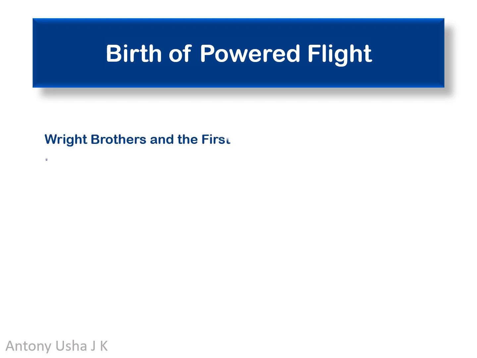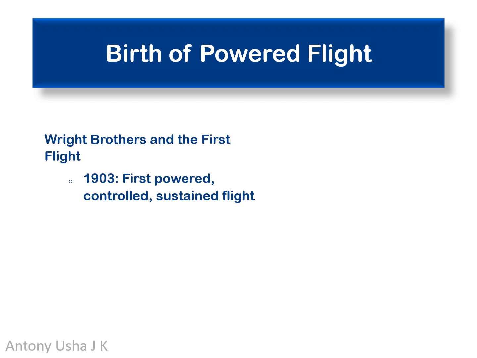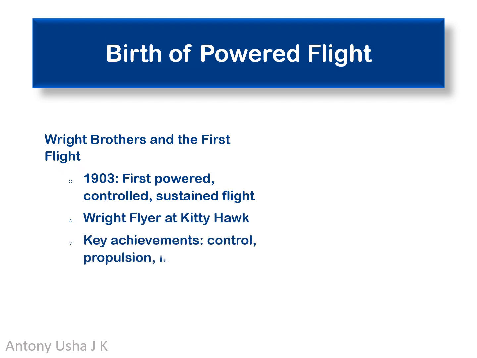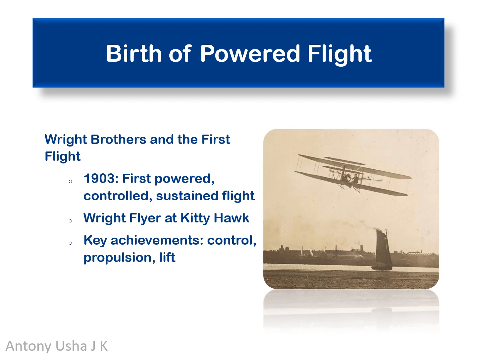Birth of powered flight: Wright brothers and the first flight. In 1903, the Wright brothers made history at Kitty Hawk with the first powered, controlled and sustained flight. Their Wright Flyer marked a breakthrough, mastering control, propulsion and lift in one leap forward.